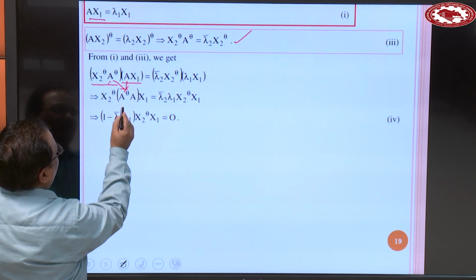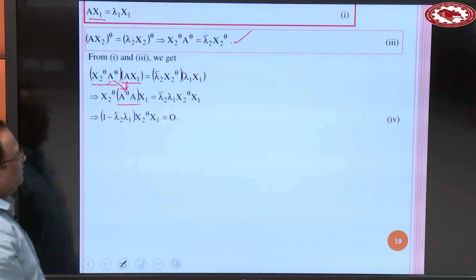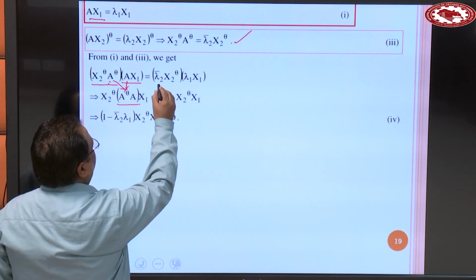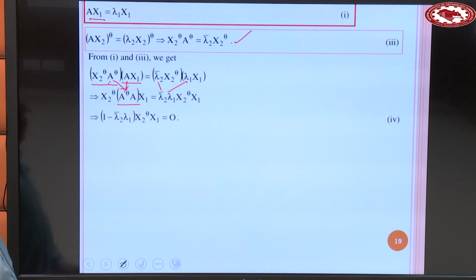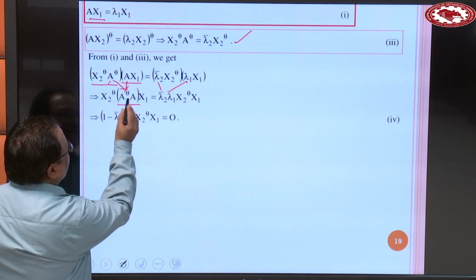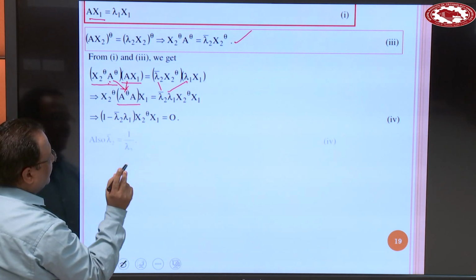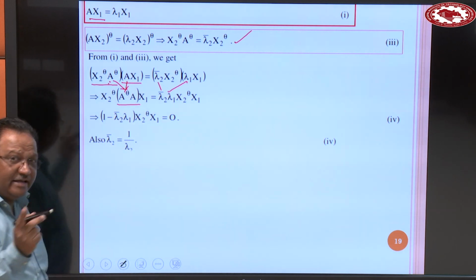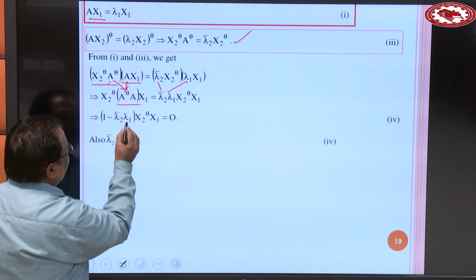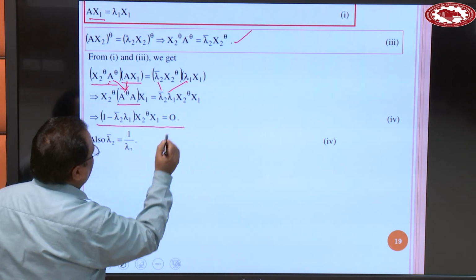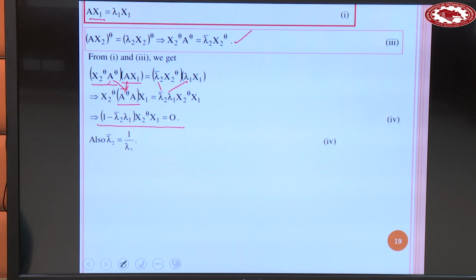Now combine these two, okay? Combining these two, A theta A comes here, is equal to lambda 2 bar lambda 1 x2 theta x1, and this means A theta A is I, clear? A theta A is I because A is a unitary matrix, clear? So 1 minus lambda 2 bar lambda 1 times x2 theta x1 is equal to 0, but lambda 2 bar is 1 over lambda 2.